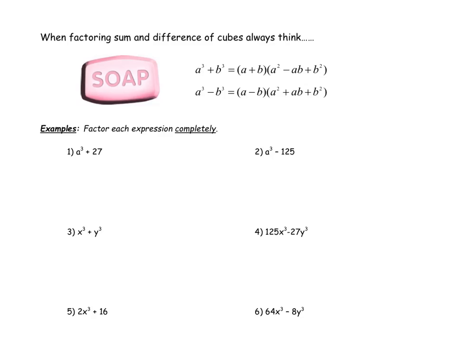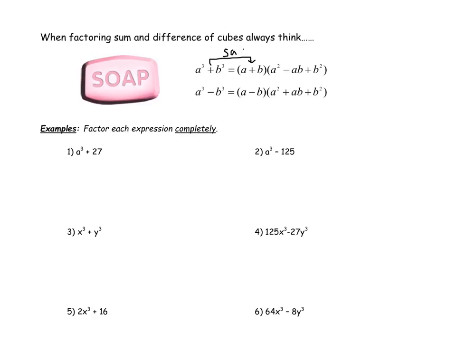Okay, when we factor sum and difference of cubes, we always want to think SOAP. And what does SOAP stand for? SOAP is going to stand for same, opposite, always positive. So if I want to factor a sum of two cubes, the first parenthesis is going to have the same sign. That's what S stands for.